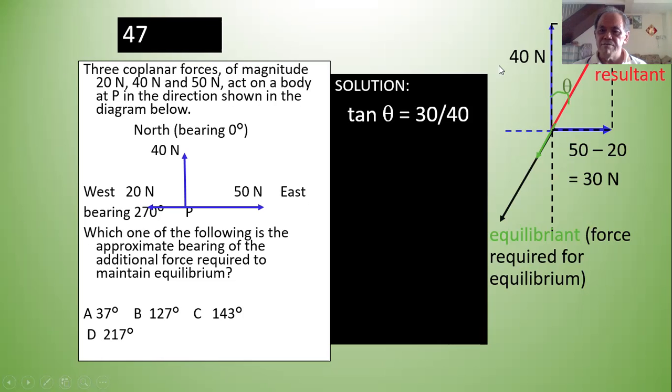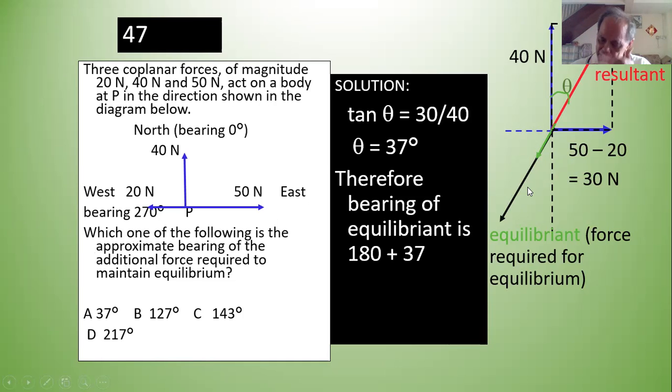So 30 divided by 40, on your calculator, 37 degrees. Remember, we want the force required for equilibrium, so it's the green one, not the red one. So this angle is also 37. So 37 plus 180 gets 217. So your answer is D.